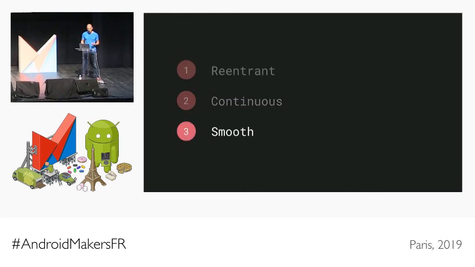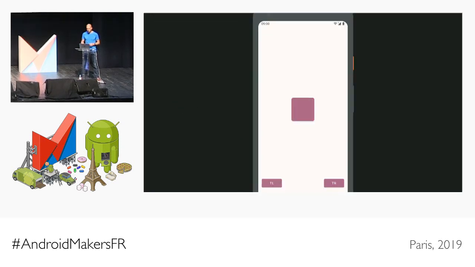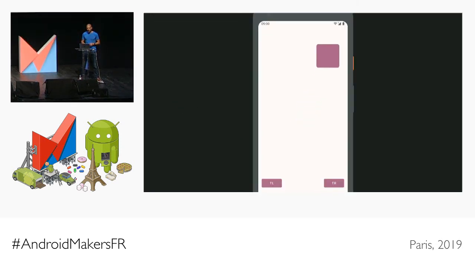The third tenet of animations I think we should be thinking about is making them smooth. In this example, I'm simply animating this box to the top left or top right, depending on which button I mash. There are two problems you can see here. Firstly, if I do two animations to the top right, you can see it slows down and then starts animating again.